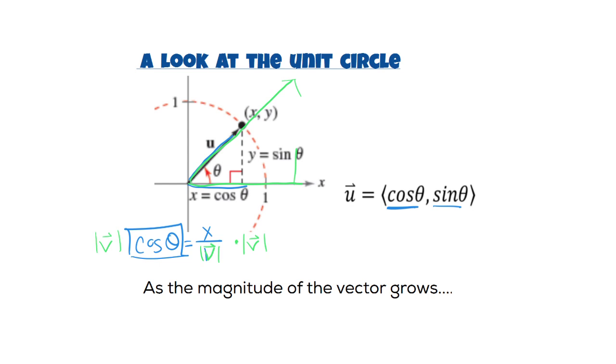So magnitude doesn't always have to be 1. What that's leading us to is a realization that your x value in component form is always going to be your magnitude times your cosine theta. That would work even if it was a unit vector, but it always works regardless of how long your vector is.